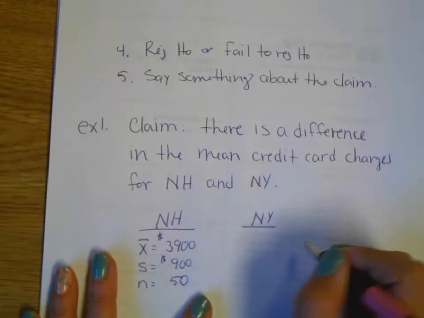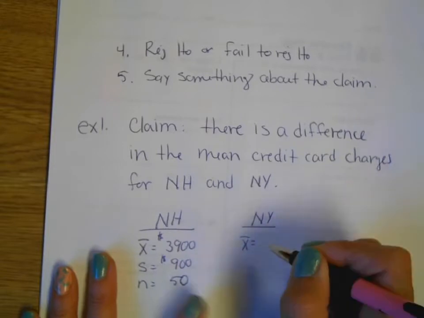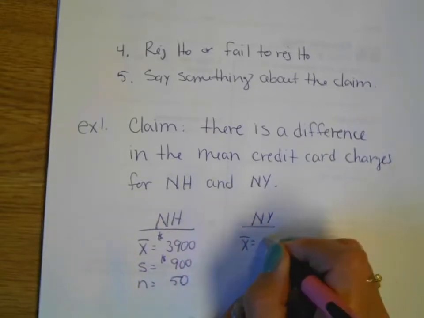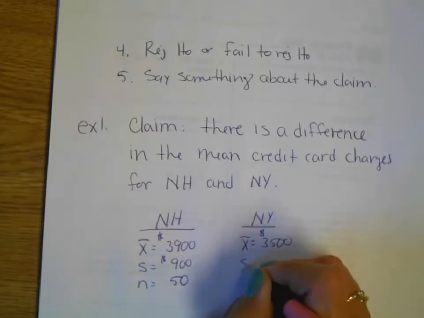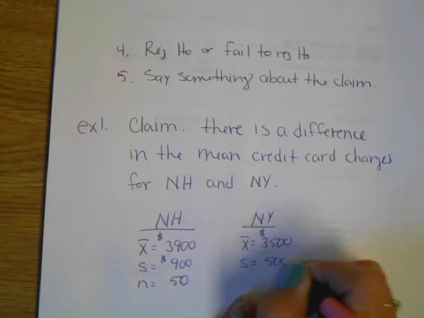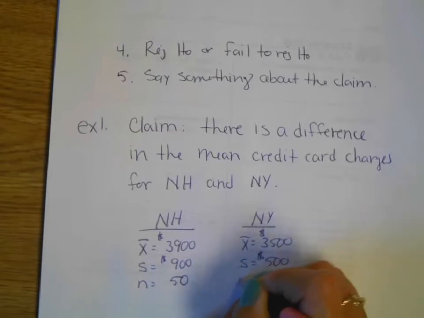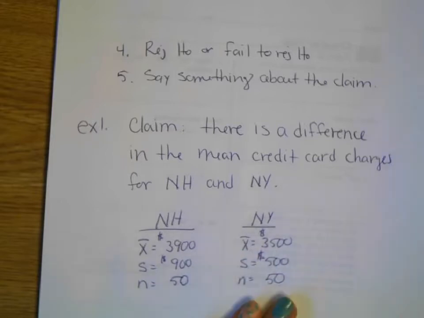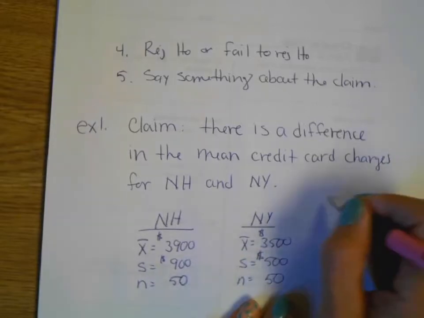New York, the mean is $3,500. Standard deviation 500. And then sample size 50. And we're going to test this at 1%.